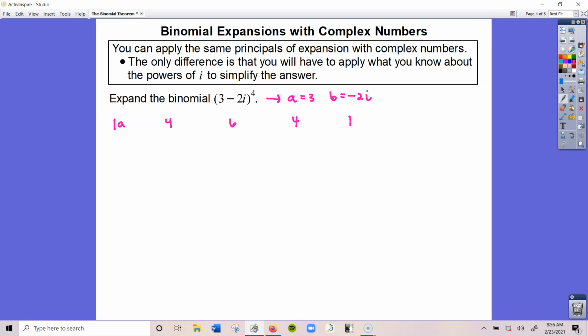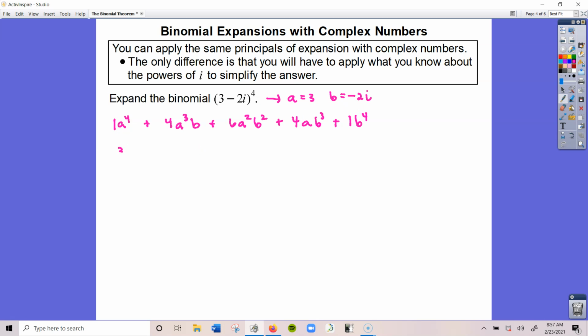My A is going to start to the fourth and then decrease. And then my B starts with 0 and then increases. And adding everything in between. Now I'm going to substitute A and B with 3 and negative 2i.